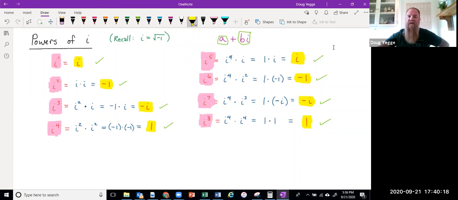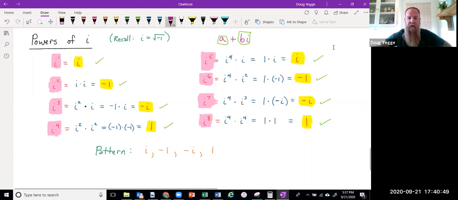And so this is actually very intriguing, because that implies that every time you get to a power that's a multiple of 4, your answer will be back to 1. So the pattern for the powers of i is that i to the first is i, then -1, then -i, and then 1.